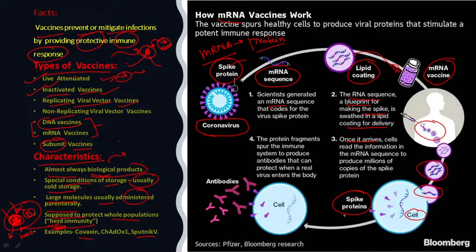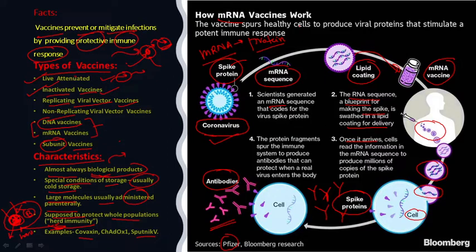As the protein fragments are made, the immune system starts to produce antibodies which are specific against the spike protein. Those antibodies are made, and this is how immunity is achieved by the mRNA based vaccine. This is how Pfizer designed its coronavirus specific vaccine, which was an mRNA based vaccine.